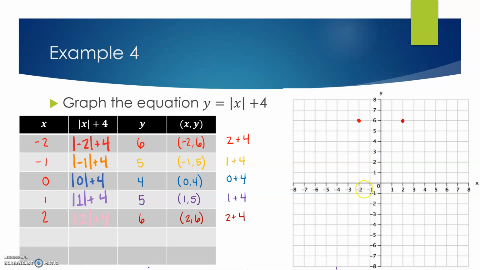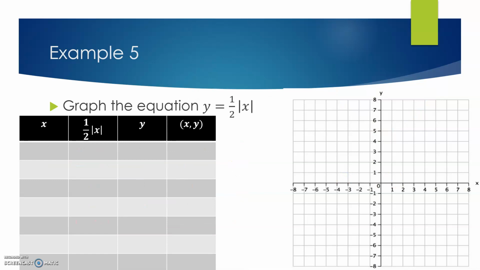I'm just going to put them on here real fast in the same color. And so now what should happen is these should make straight lines going opposite directions. Just like that, and it makes a V. And that is what an absolute value looks like. There's a positive in front of the absolute value, so it opens up.